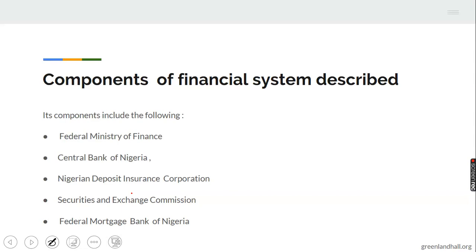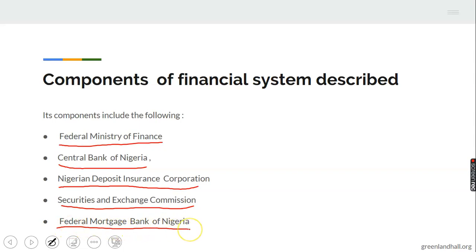We also have other components of the financial system, which include the Federal Ministry of Finance, Central Bank of Nigeria, Nigerian Deposit Insurance Corporation, Securities and Exchange Commission, and the Federal Mortgage Bank.